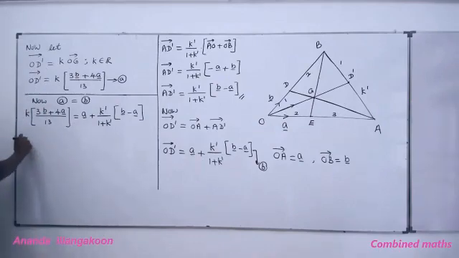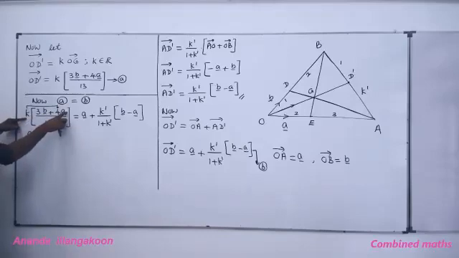Here also, people ask if I am not going to remove the brackets. Right. Now here, K into this, 4K divided by 13 is the coefficient of A on the left hand side.